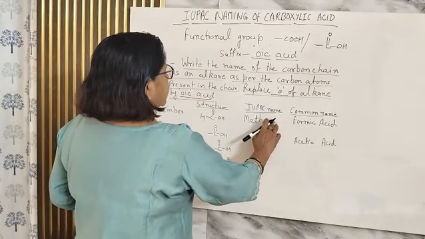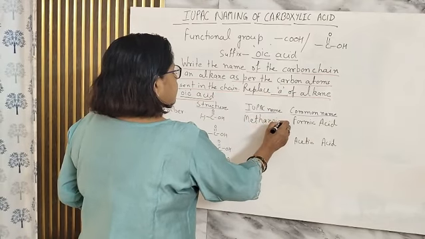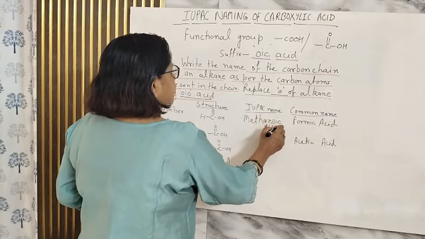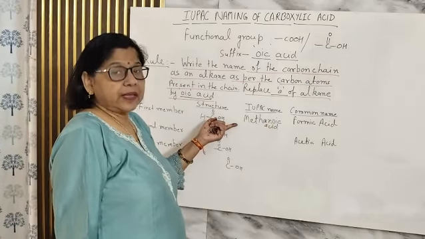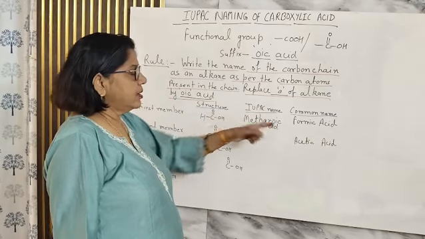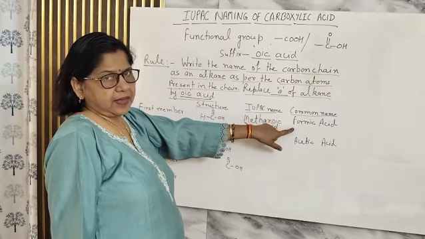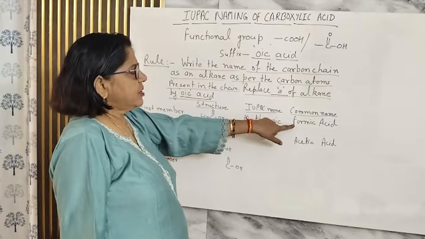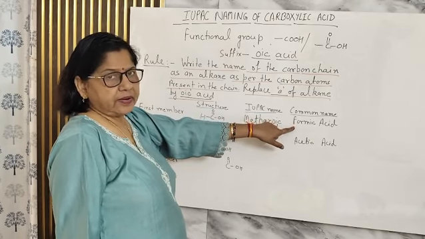So the name of this compound is methanoic acid. This is the IUPAC name. Its common name is formic acid, which is known as the acid of ants, found in ants.